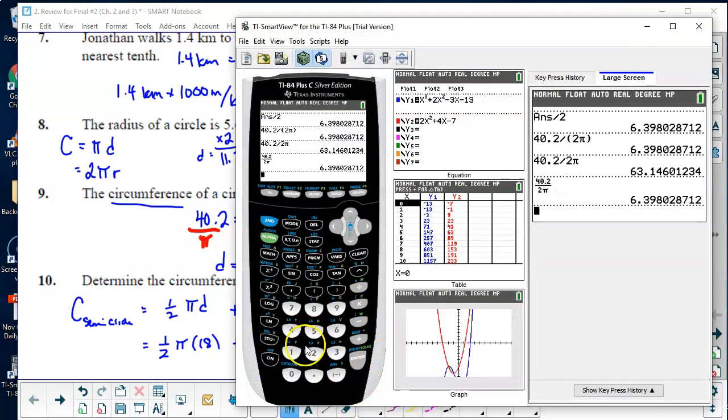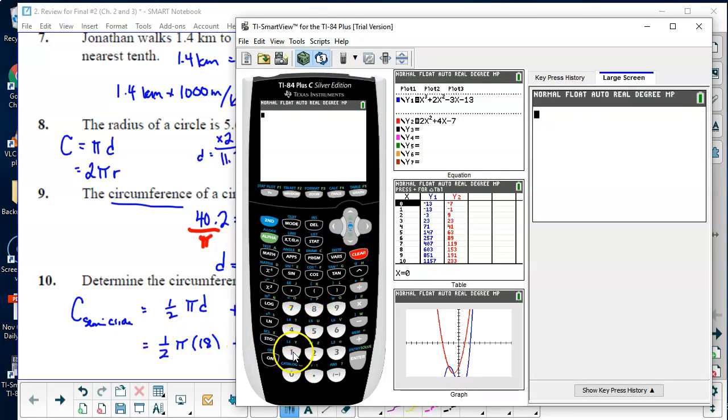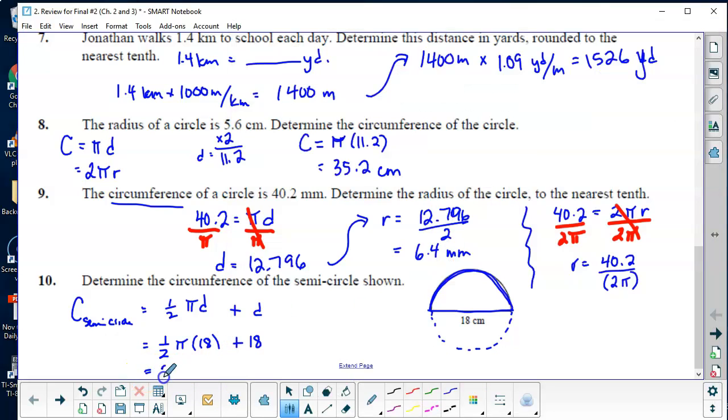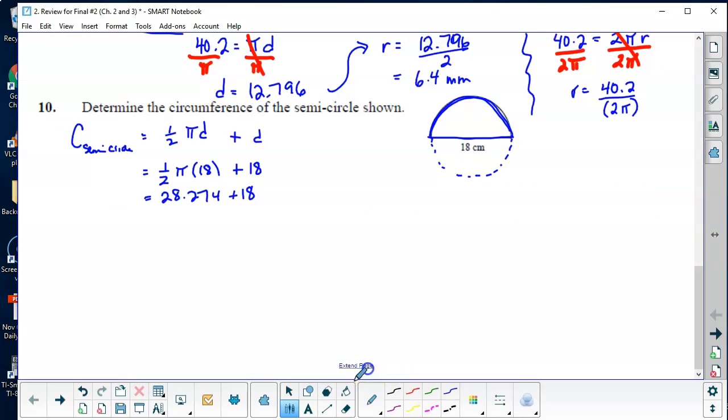So now a half pi times 18 is really 9 pi, or you can go half, 1 divided by 2, times pi times 18, 28.274 plus 18.